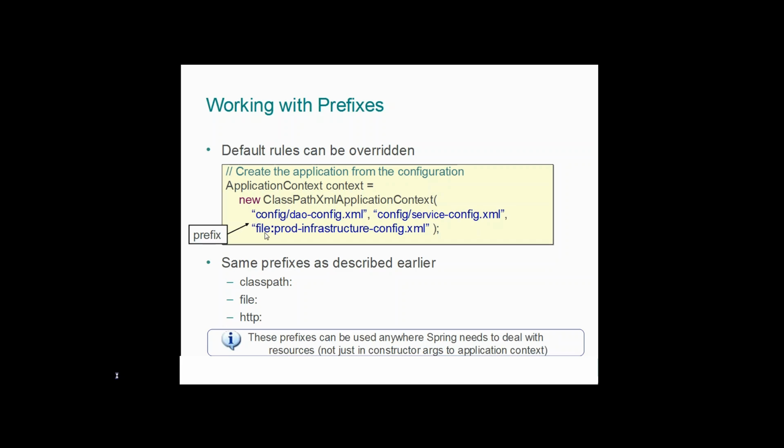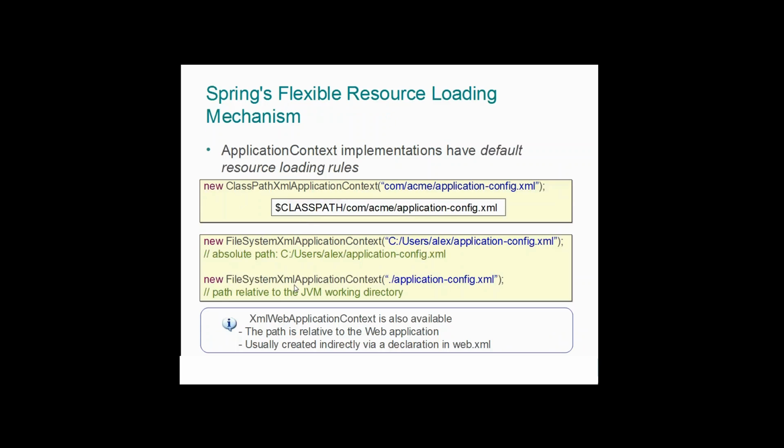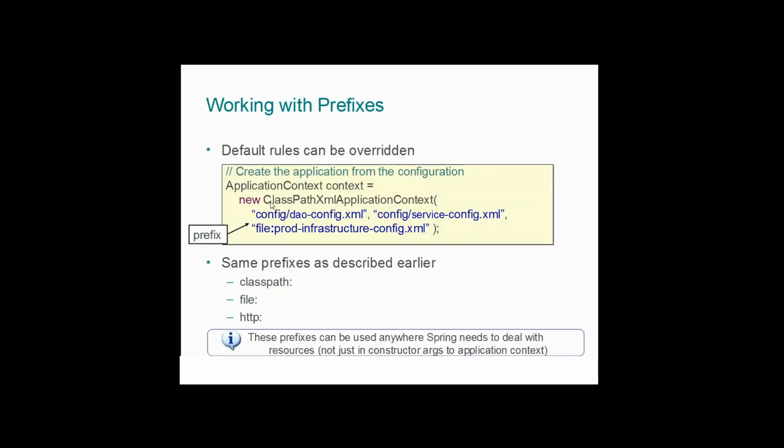Similarly, if you are using the FileSystemXmlApplicationContext, you don't need to prefix file colon here. If you want to refer to a class path application context, you need to prefix classpath colon, then wherever that application context is available. So the default is based on whatever implementation you are using. Other things you need to explicitly prefix. Okay, so that's about calling.